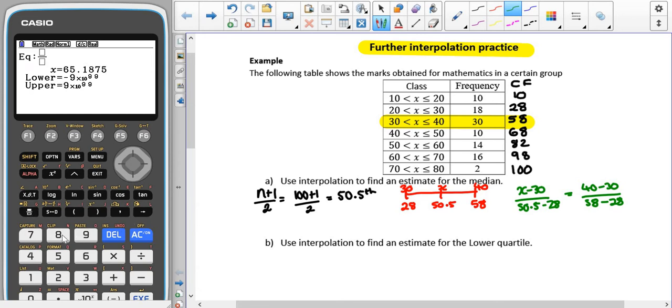So we're going to have our fraction button, we're going to have x, so remember to use the x button here, minus 30, down to get onto the bottom of our fraction, divided by 50.5 minus 28, across to get out of the bottom of the fraction, shift and the decimal point for the equal sign, then fraction 40 minus 30, down to get onto the bottom, so divided by 58 minus 28. And remember that you have to click solve twice for it to come up with the answer.